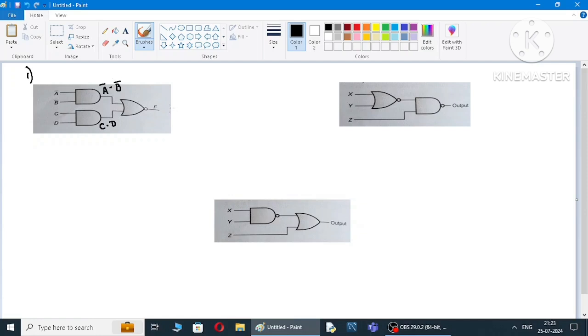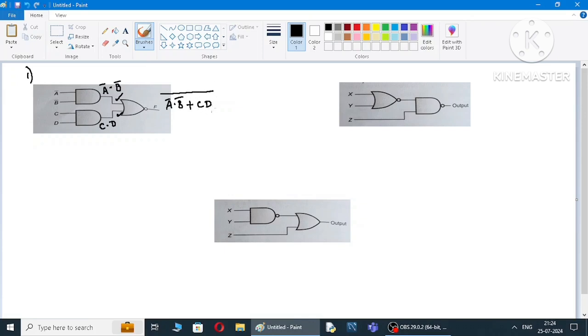How will you write it? A bar dot B bar is the first input and the second input is C dot D. Both of these in a NOR gate. What is a NOR gate? Put an OR and complement. This is the expression for this one.